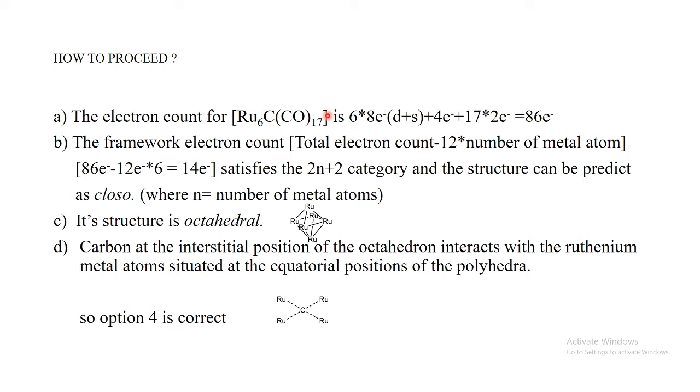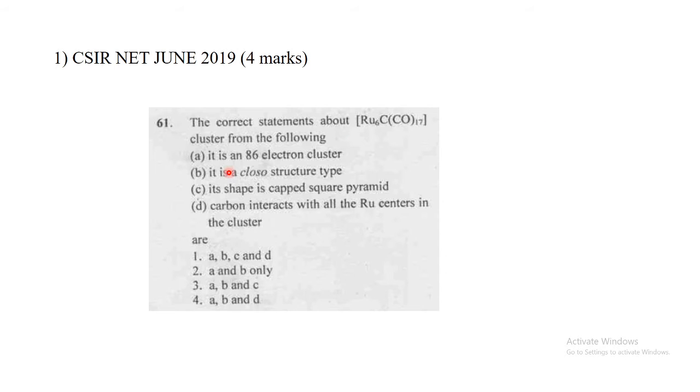The electronic contribution of the carbonyl ligand in the neutral atom method is 2 electrons. So 17 into 2 electrons. So 6 into 8 is 48, plus 4, plus 34 electrons. So the total number of electrons is 86 electrons. So the first statement, that it is an 86 electron cluster, is correct.